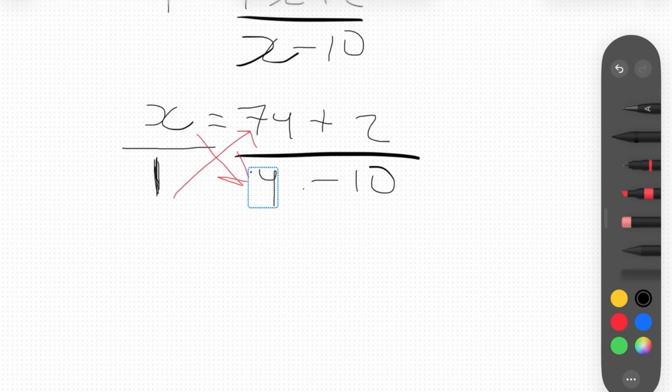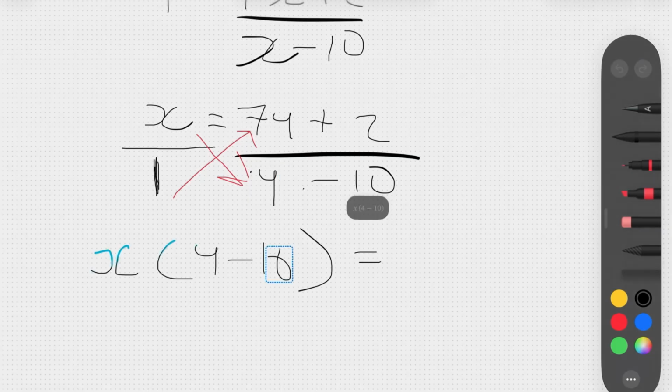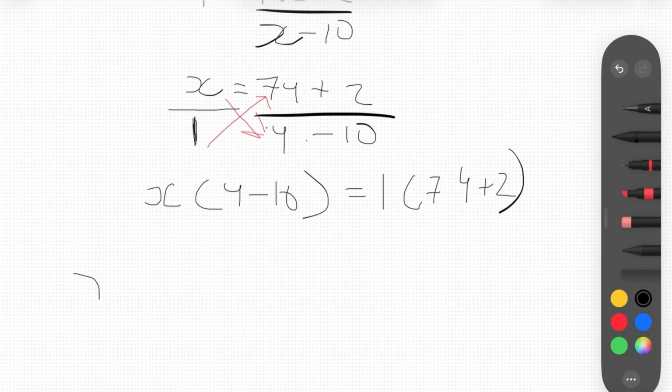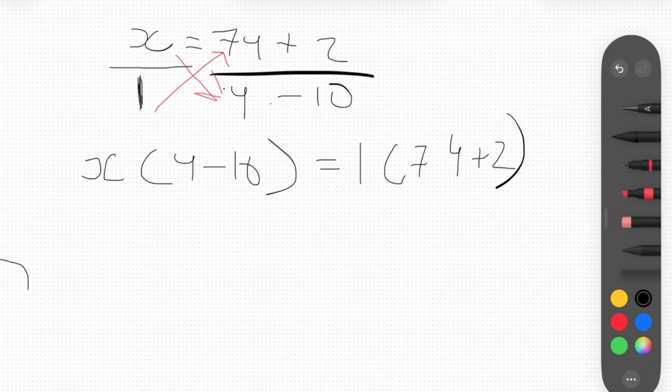Let's write it out. x is times y minus 10, while 1 is multiplied by 7y plus 2. Now you multiply the variables inside of the bracket by the inputs that are outside.